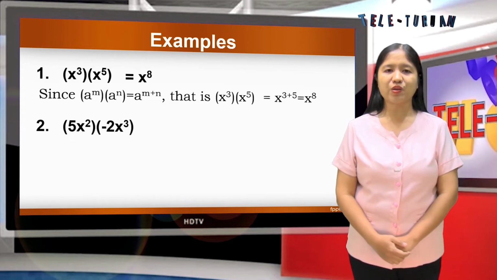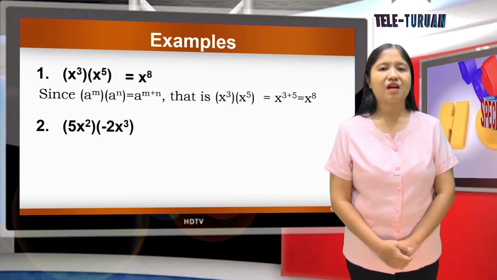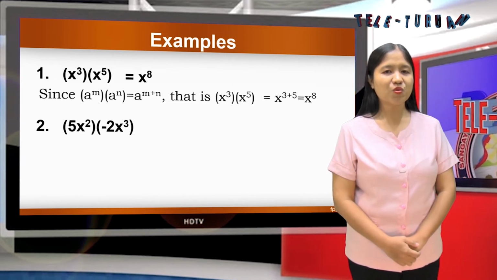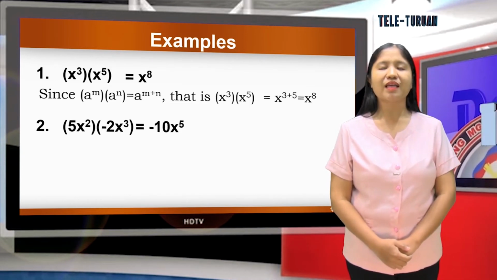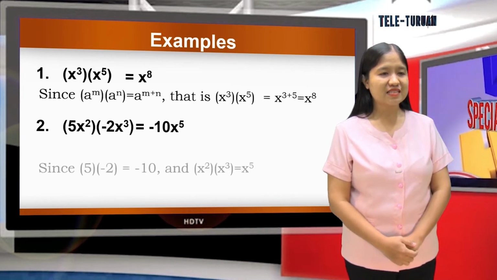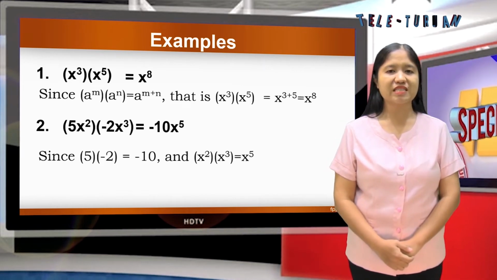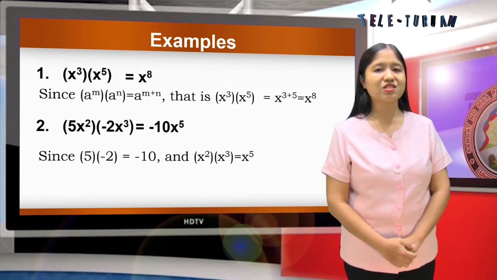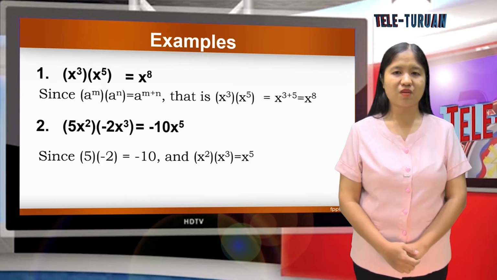How about for number 2? Very good. 5x squared times negative 2x cubed is equal to negative 10x to the 5th power, since 5 times negative 2 is equal to negative 10, and x squared times x cubed is equal to x to the 5th power.